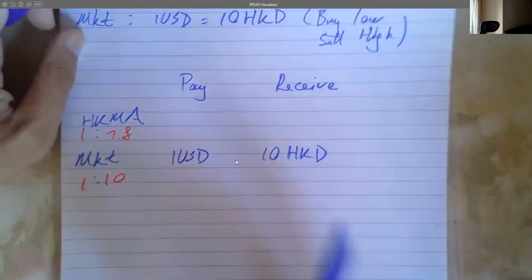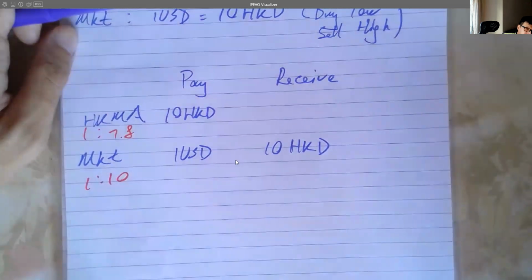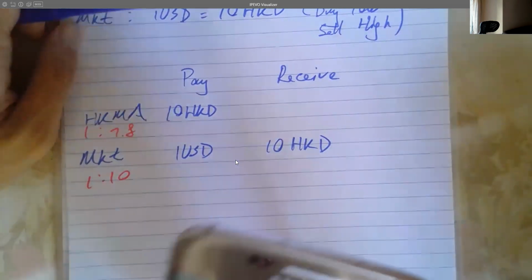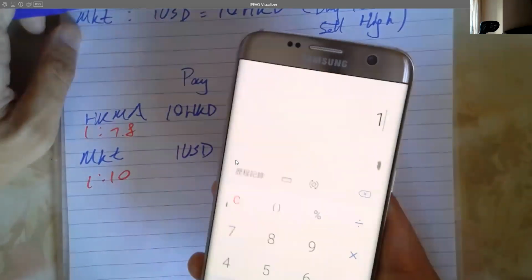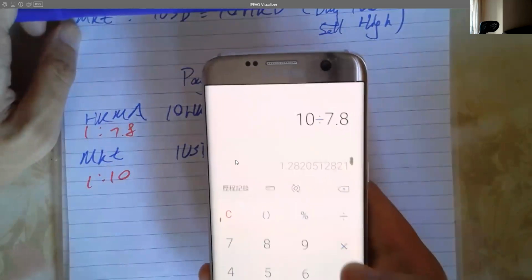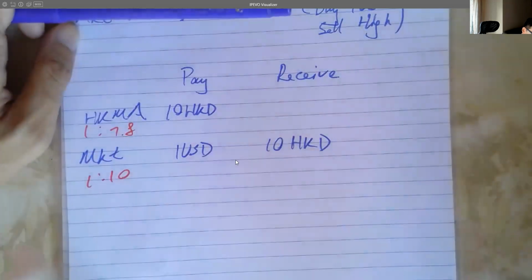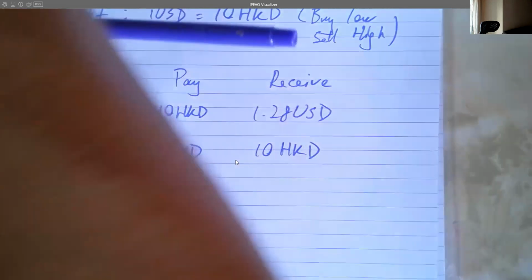Then the next thing we do, we go back to HKMA and pay them 10 Hong Kong dollars. Then how much USD can we earn? Let's calculate. 10 divided by 7.8 will give us 1.28. We get 1.28 USD.